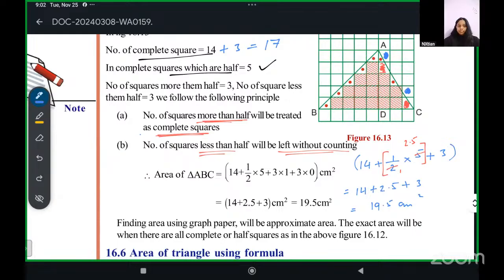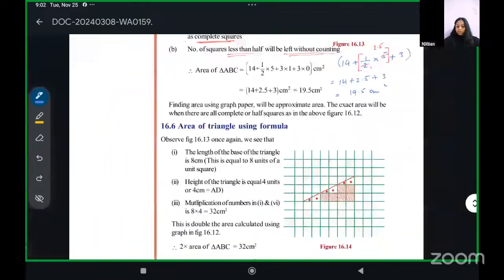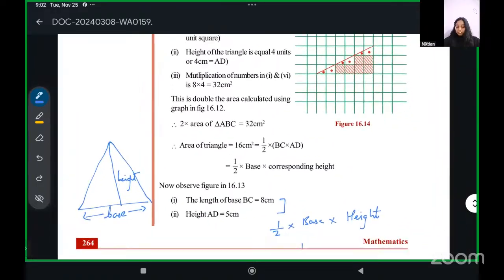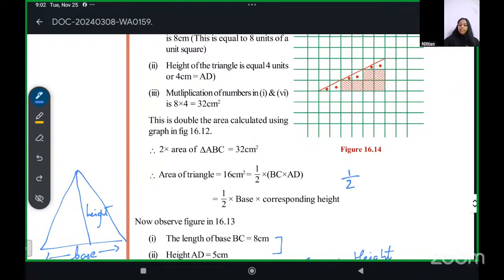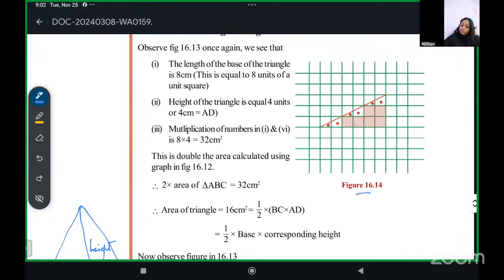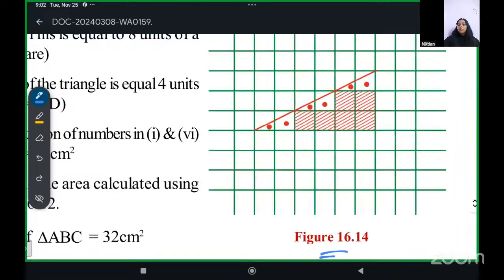Ma'am, the one below this question. Yes, ma'am, the answer to this is 9, with 8 centimeter and 5 centimeter. Ma'am, can you see the triangle diagram? Yes, the triangle diagram. That answer is 9. Okay, Abraham, get it now.